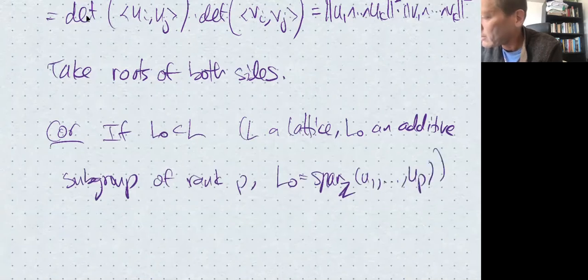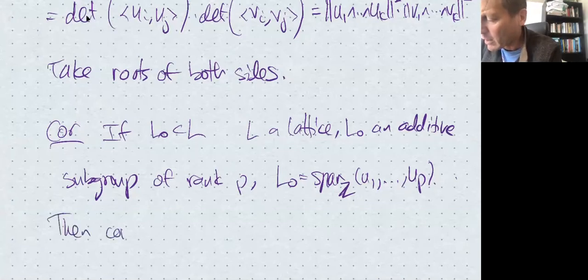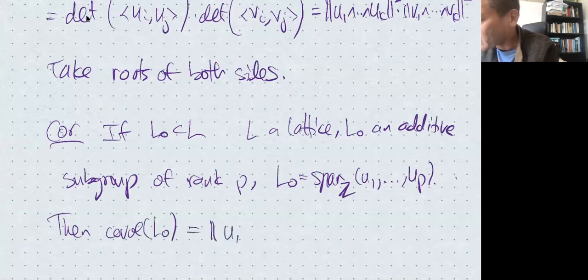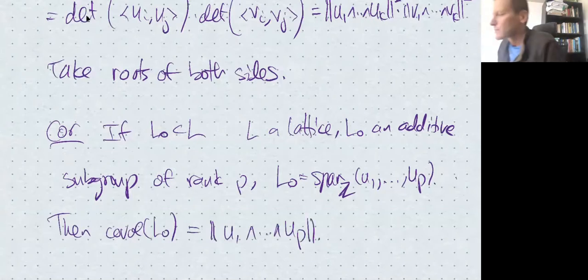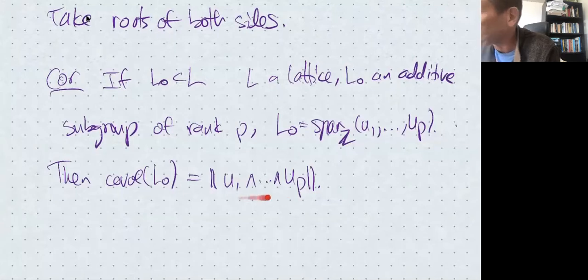So these UIs are a basis for L0. Then the covolume of L0 in the sense that we gave before is the norm of the exterior power of the UPs. So this corollary explains why we're so interested in all of this algebra for computing these kinds of expressions.